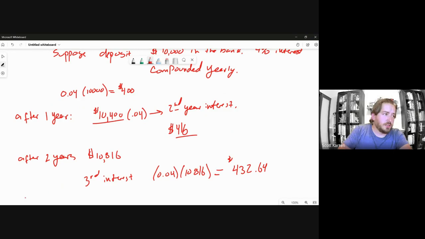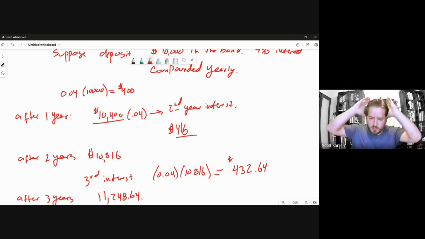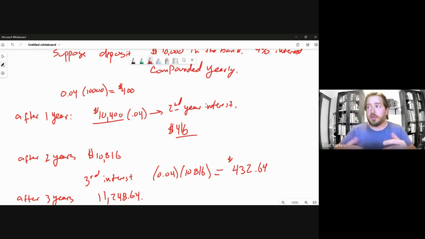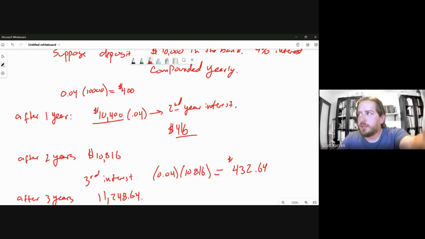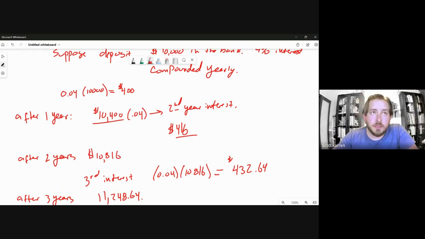And so after 3 years, I end up with $11,248.64. And now that we're in the pennies, the calculations that we do from now on will round to the nearest cent. But after 4 years, after 5 years, after 6 years, the amount that gets put into the account, as long as we leave it alone, gets greater and greater.